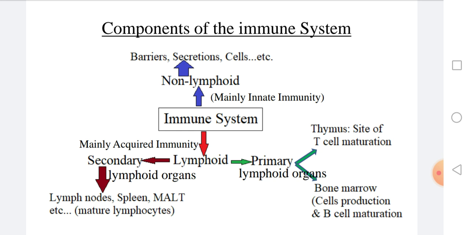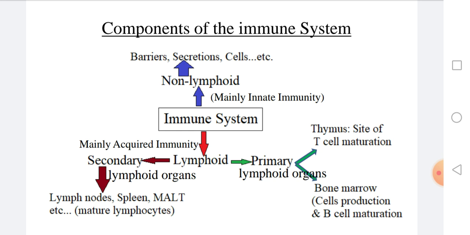The non-lymphoid component is mainly responsible for innate immunity, which is the natural immunity. It is composed of barriers like skin, mucous membranes, secretions, cells like the natural killers and phagocytic cells, and so on.